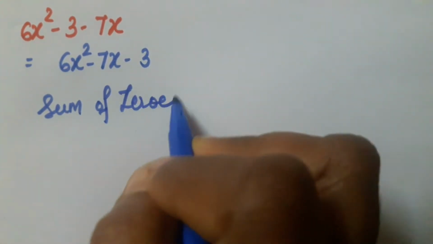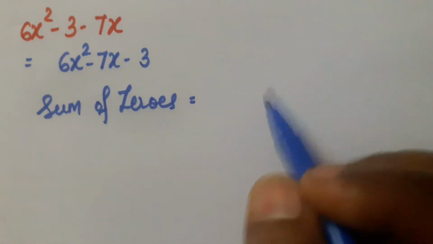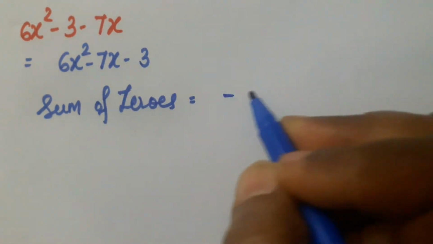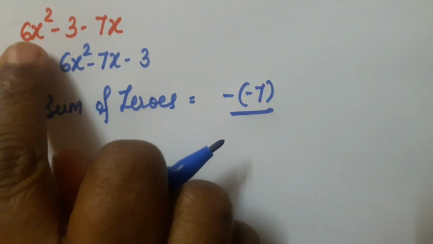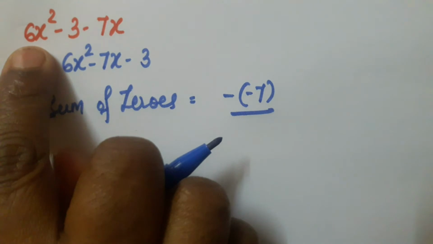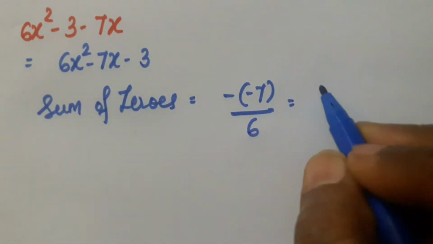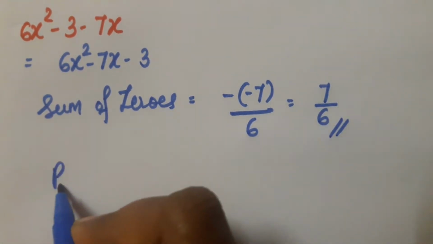Okay, so what is the sum of zeros? It is minus the coefficient of x. What is the coefficient of x here? Minus 7. So minus of minus 7 divided by the coefficient of x square, that is 6. So minus into minus is plus, so it is 7 by 6, right? Now the product of zeros.